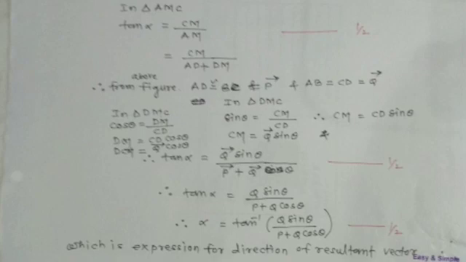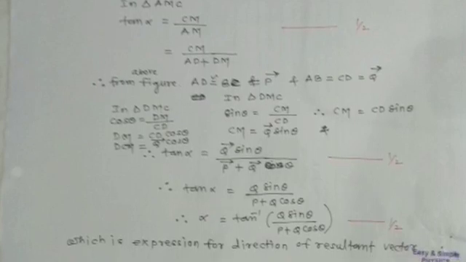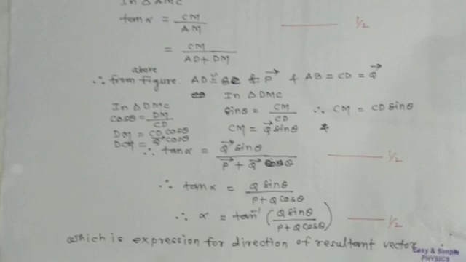If we substitute, tan alpha equal to vector Q sin theta upon vector P plus vector Q cos theta.